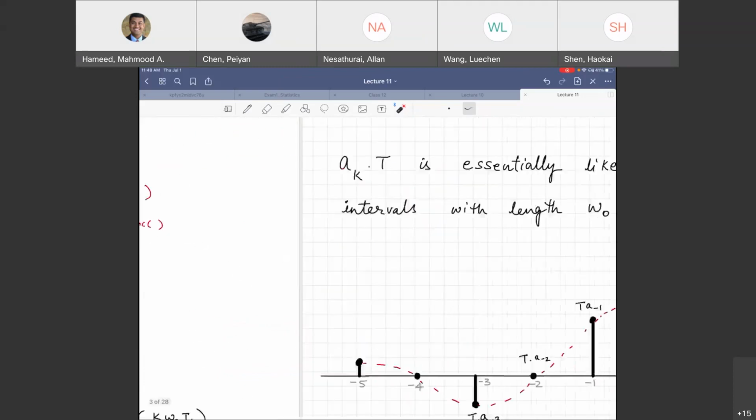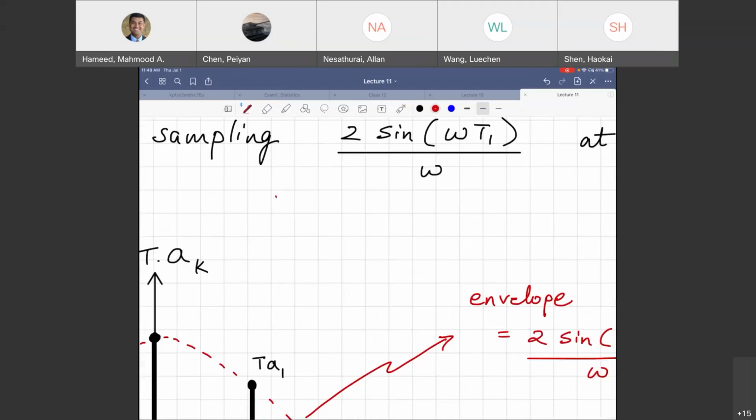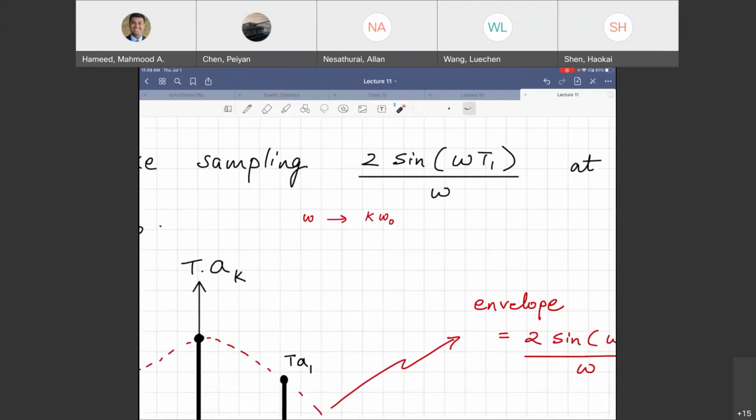See, instead of omega, you put in k omega naught. You get back what you had earlier, right? So this would be the continuous function that was getting sampled at k omega naught.